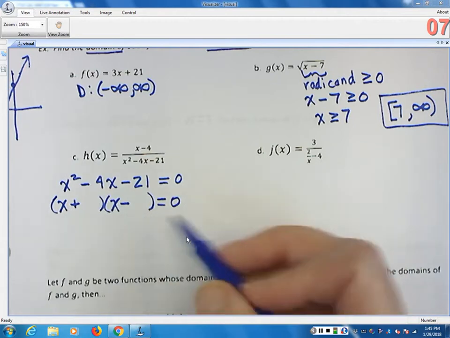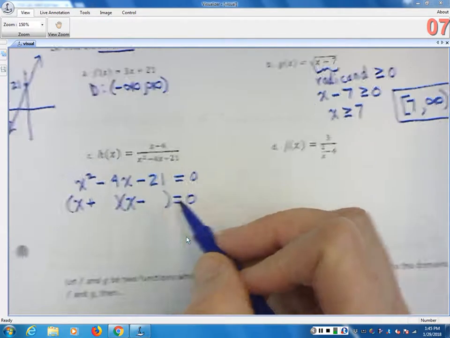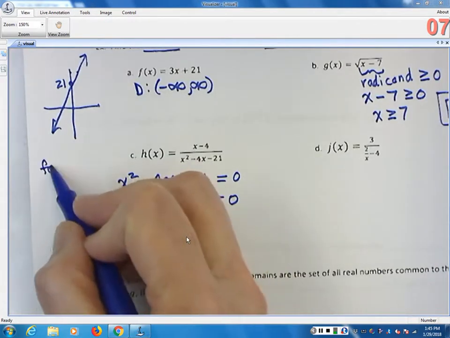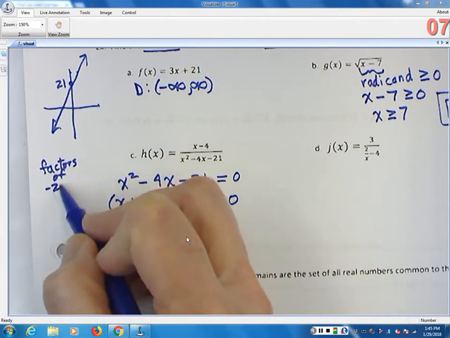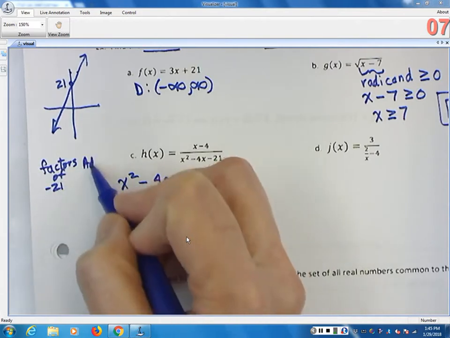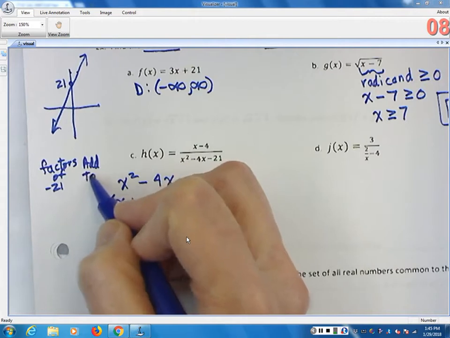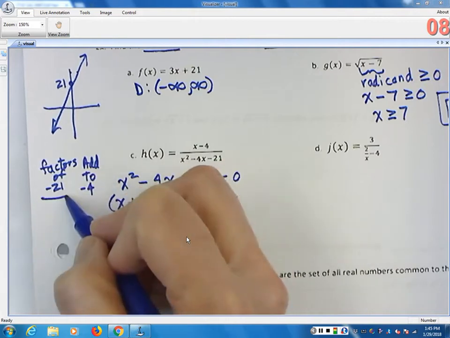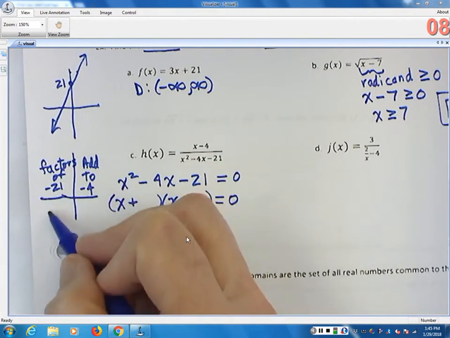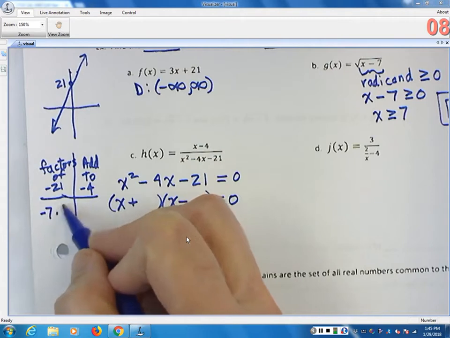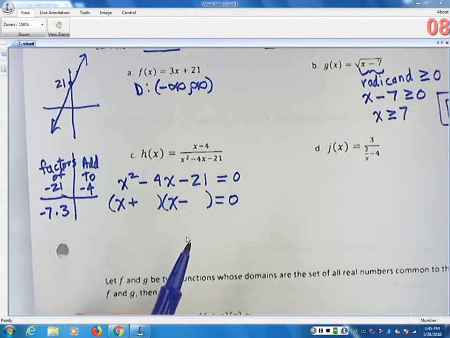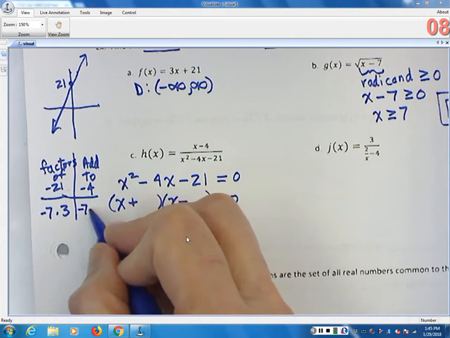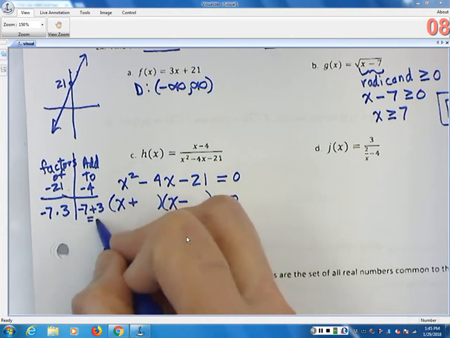And maybe, hopefully you guys get that. We're looking for the factors. I'm writing it down for you. Negative 21 that add to negative 4. And they are negative 7 times 3 gives you negative 21, but negative 7 plus 3 gives you negative 4.